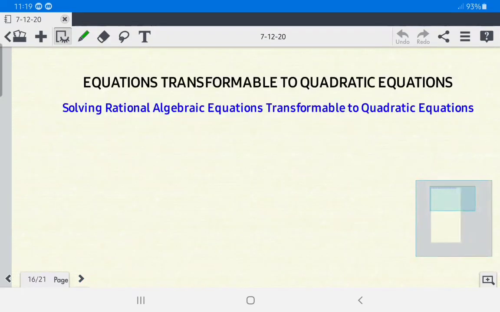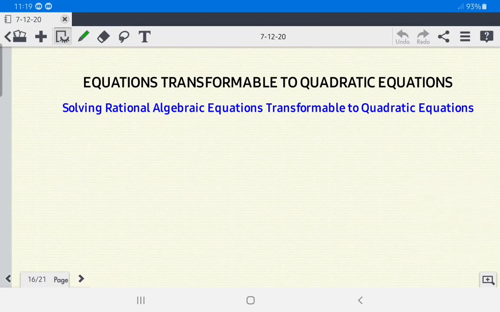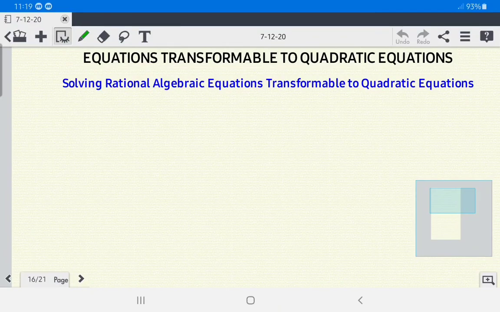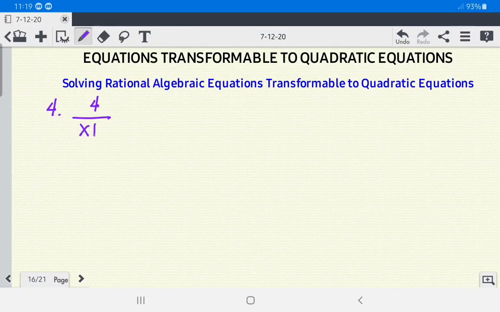Next, number 4. Number 4, we have 4 over x plus 5, then plus x minus 3 over 2 equals to 10. Okay, for the LCD, we all know that the denominator of 10 is 1.